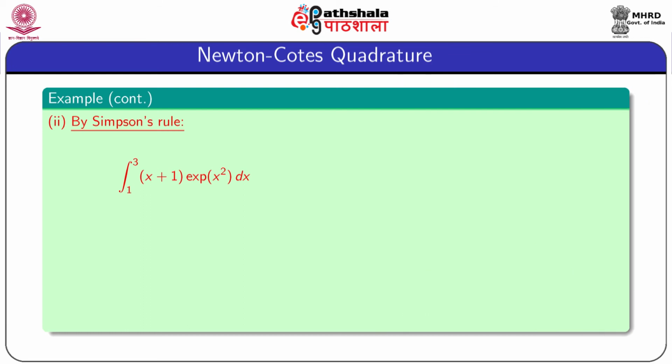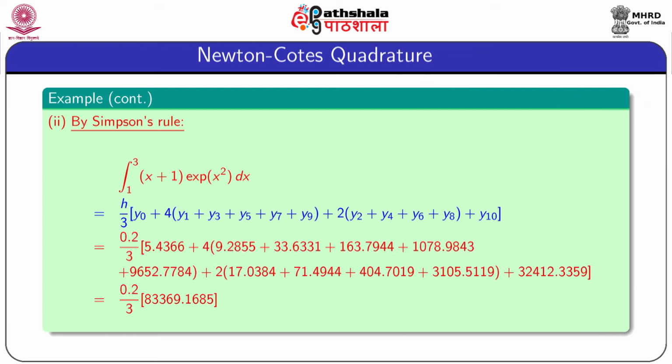By the Simpson 1/3 formula, the formula is this one, and after simplification it becomes 5557.9445. Note that these two values are different. This generally happens because the Simpson 1/3 formula gives a better result than the trapezoidal formula.